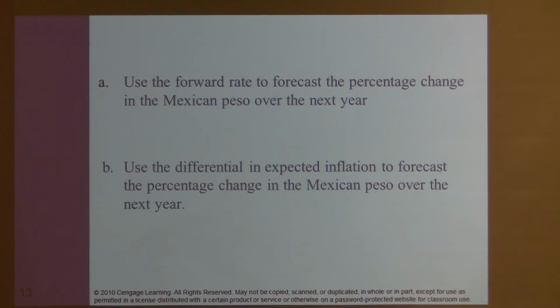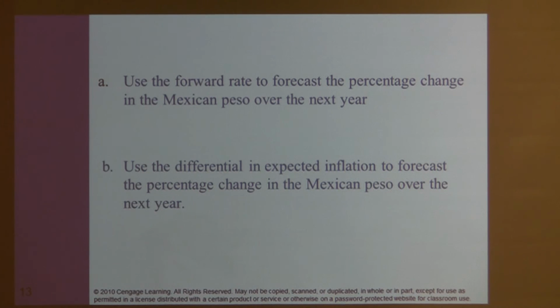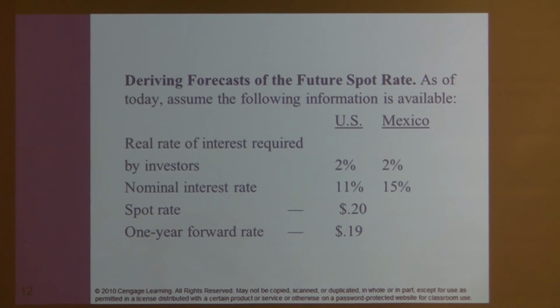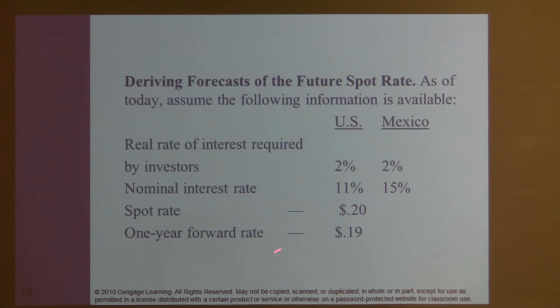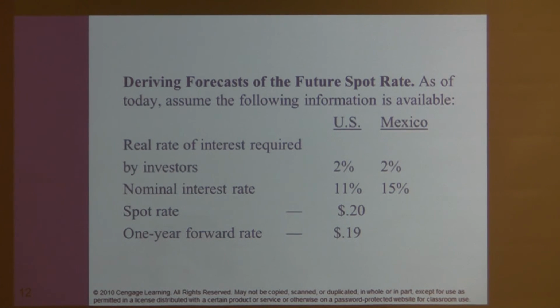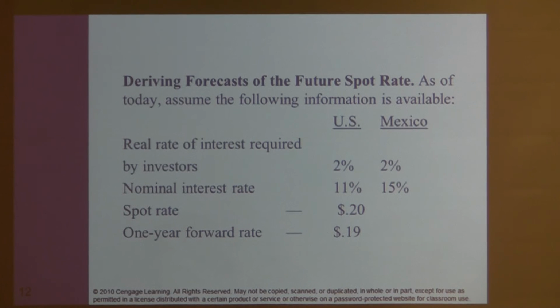The first part is pretty straightforward. I think we did it some time back. What is the forward premium or discount? In this case, the spot rate is 0.2 and the 1-year forward rate is 0.19. So how do you figure out the forward premium or discount?